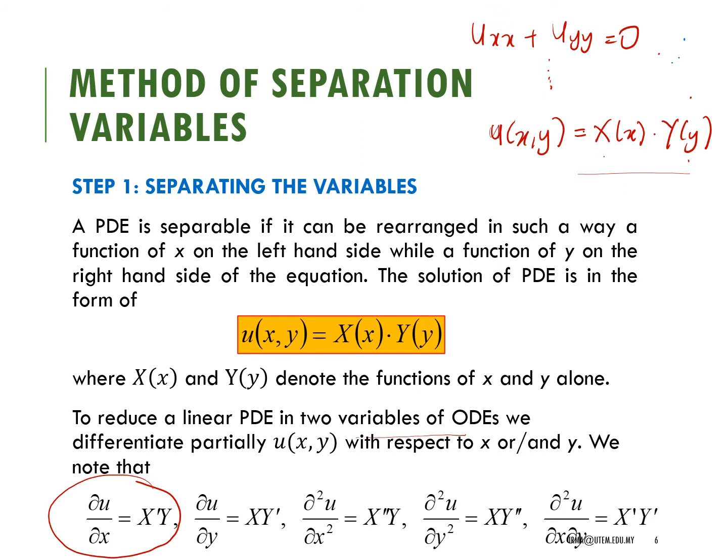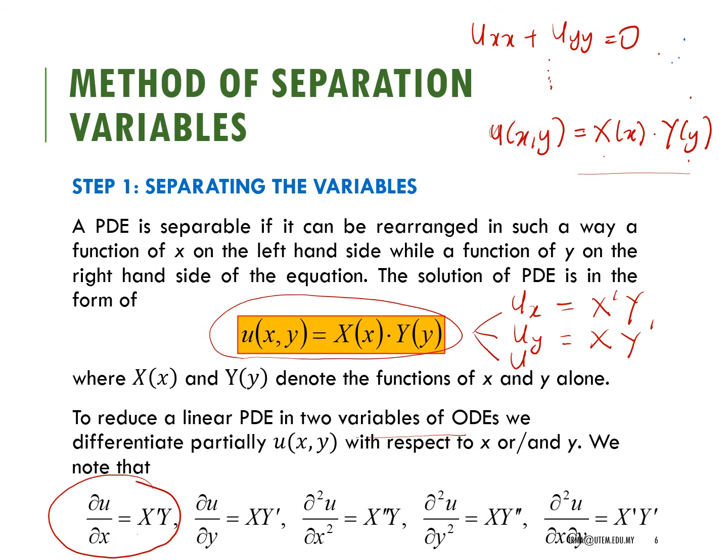So we write X prime because we only differentiate with respect to x, but Y will remain constant, because we first have this one, u equal to X times Y. So if you have u_x, it means you can write X prime Y. If you have u_y, it means X becomes constant, and only Y is differentiated, so X Y prime.